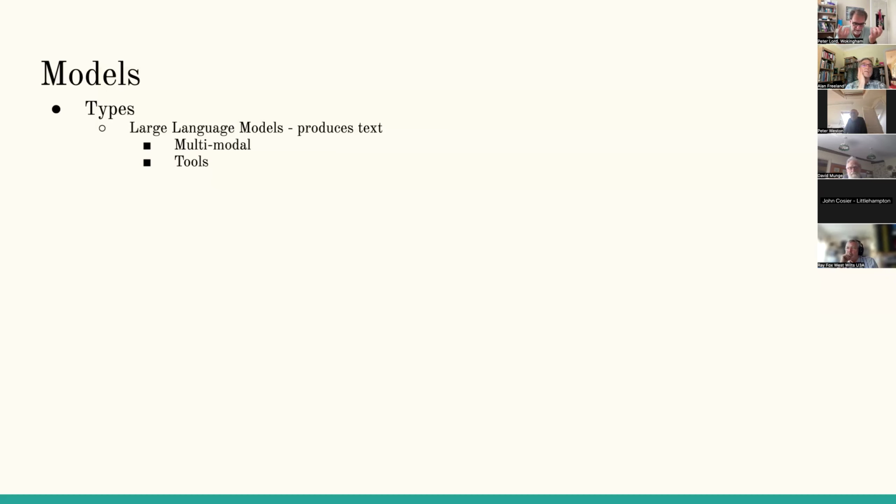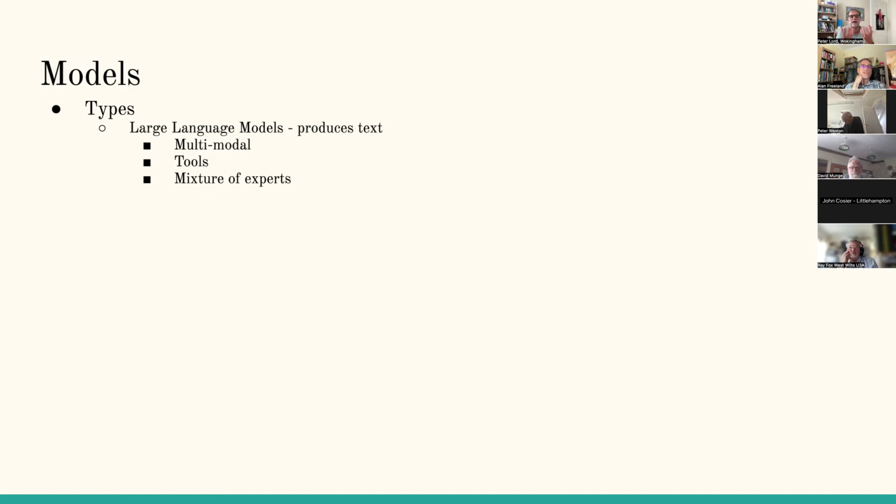You could get it to link into your home automation system and turn on your lights and so on. So building these tools. Now, not all large language models support tools. Some do. And if you want to integrate into your home automation, you'll want to choose a model that supports tools.